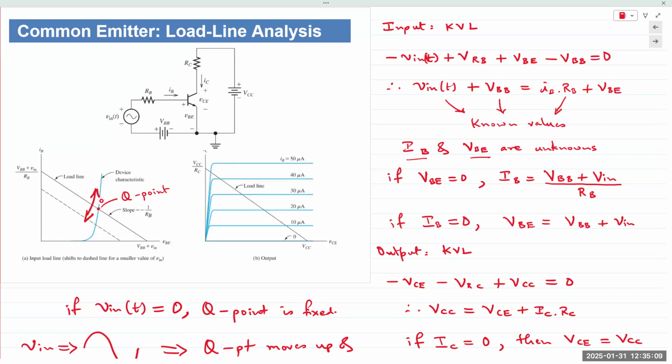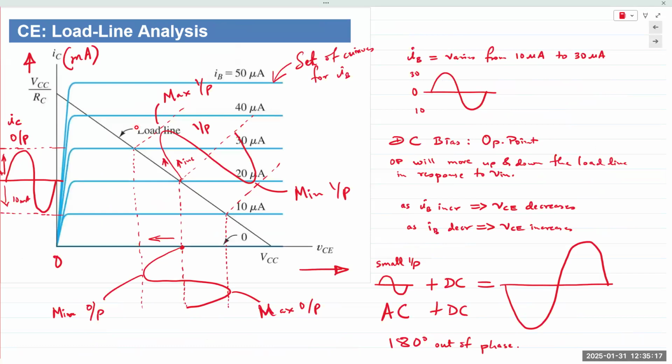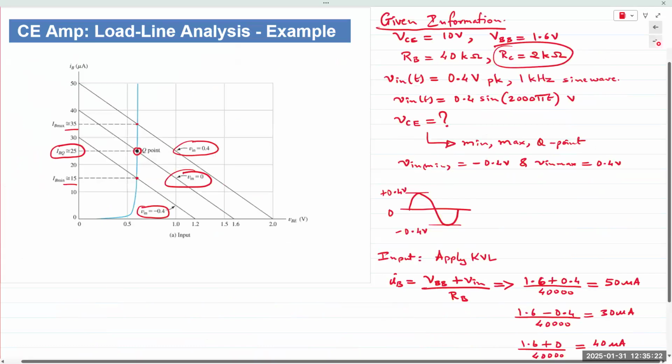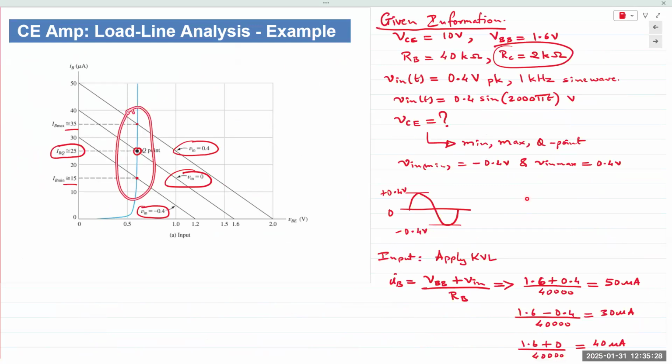And thus we have 3 intersection points: one at 0, one at minimum, one at maximum. We take those 3 from the input side and calculate them by applying KVL on the input side, right? So we obtain these three intersection points on the input side.